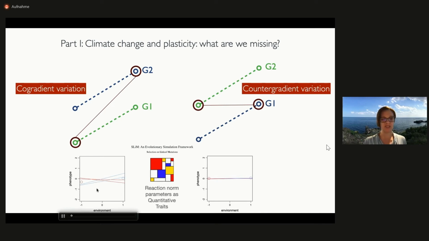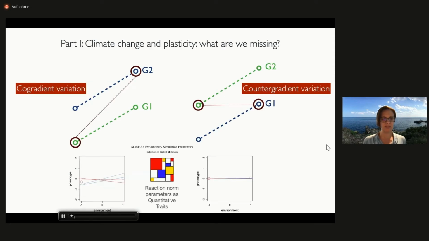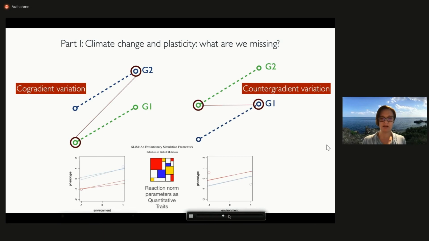So to further understand this, we're developing these simulations that are evolving this co-gradient variation and this counter gradient variation. And so the first step is to understand how does it evolve? And we're still working on that. And then after we understand that, we'll be able to change the climate in the simulations and understand how a co-gradient versus counter gradient pattern affects how a population responds to environmental change.